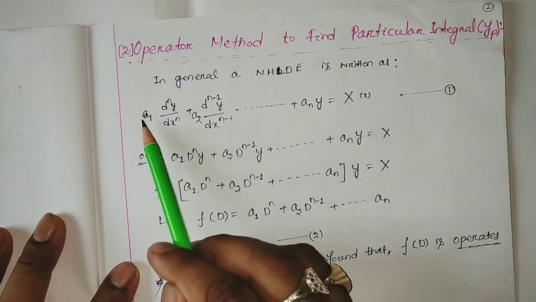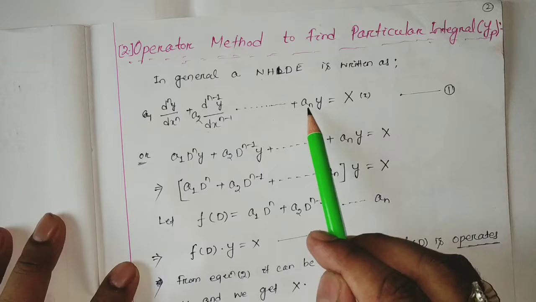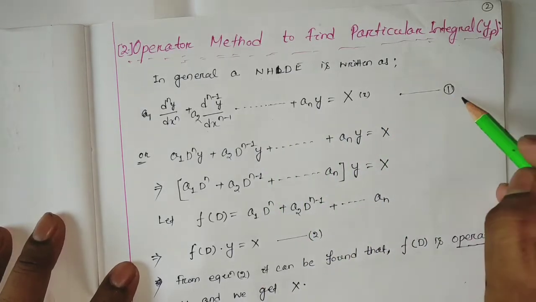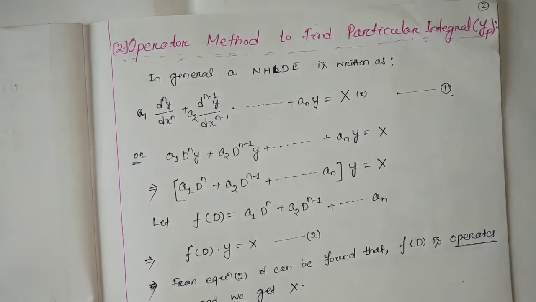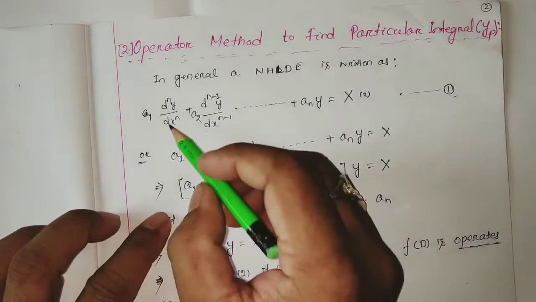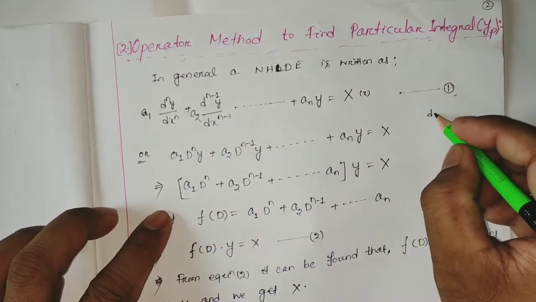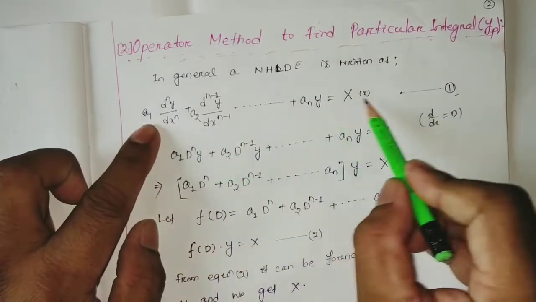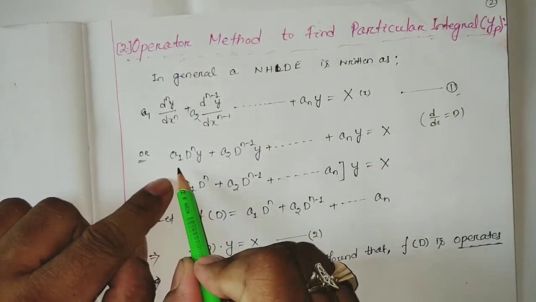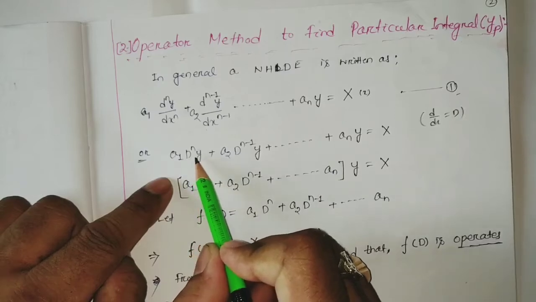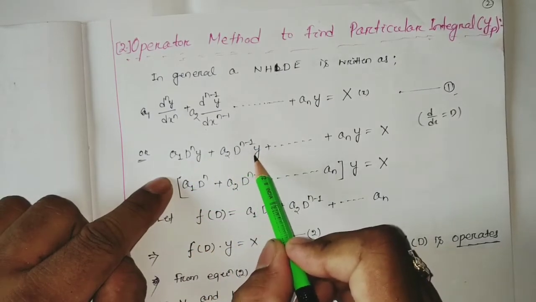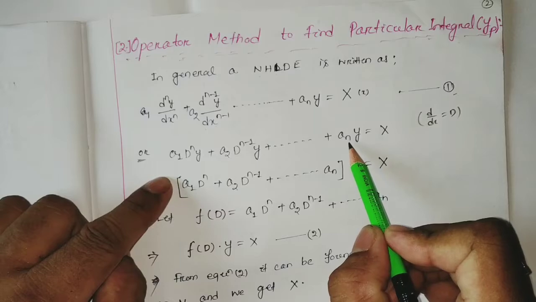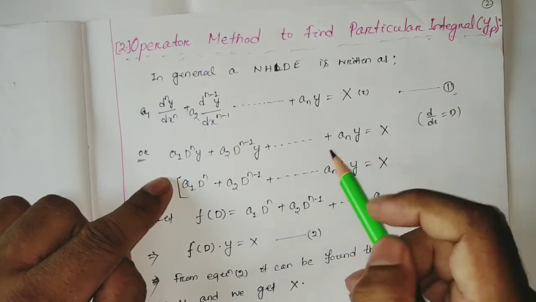Here a1, a2 and an are constants. Let this be equation number 1. And also we know that if we consider d by dx equal to D, then the above equation number 1 can be written as a1 D^n y plus a2 D^(n-1) y and so on, plus an y equal to X, which is a function of x.